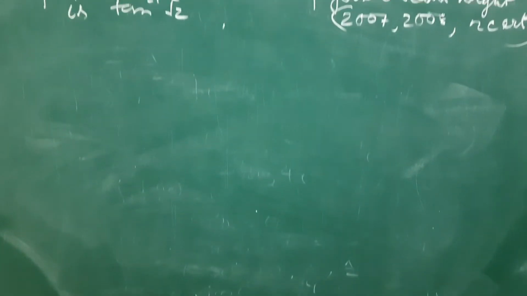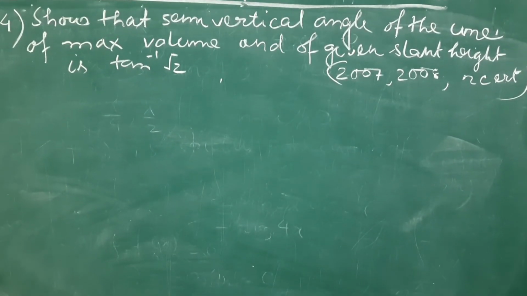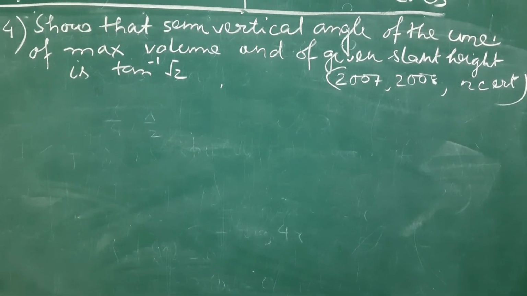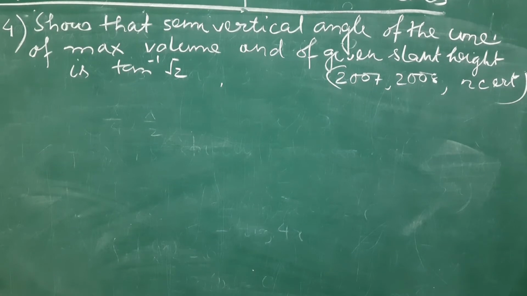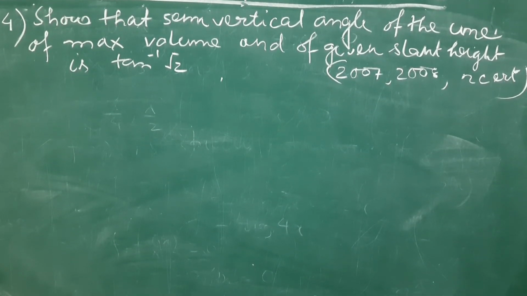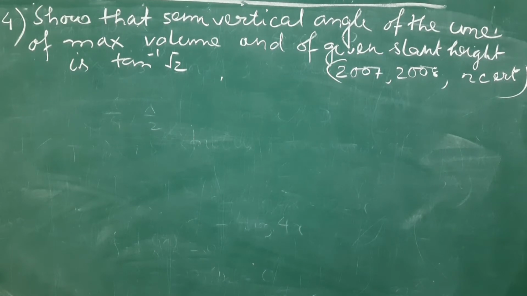Now we will do our next question: show that the semi-vertical angle of the cone of maximum volume and of given slant height is tan inverse root 2.